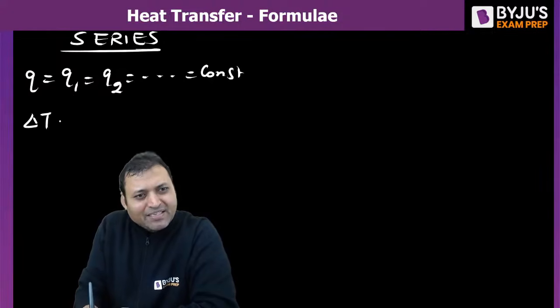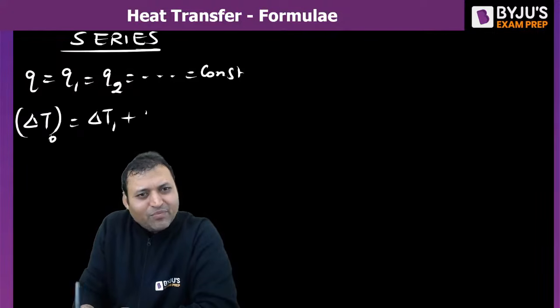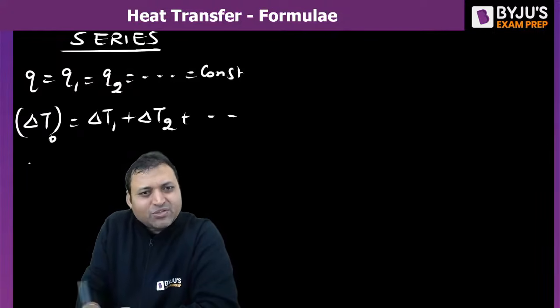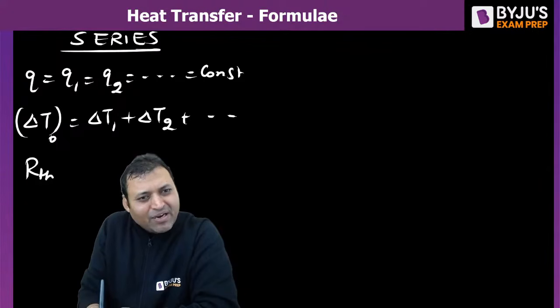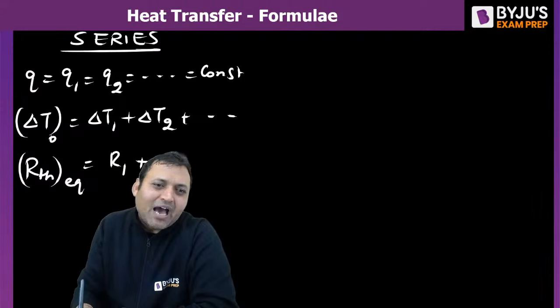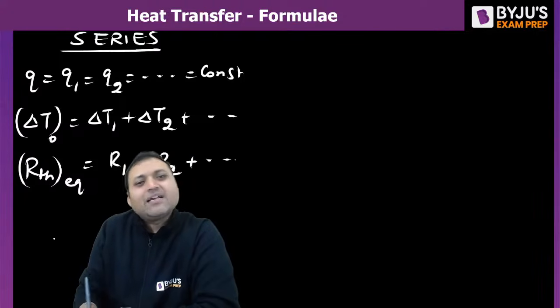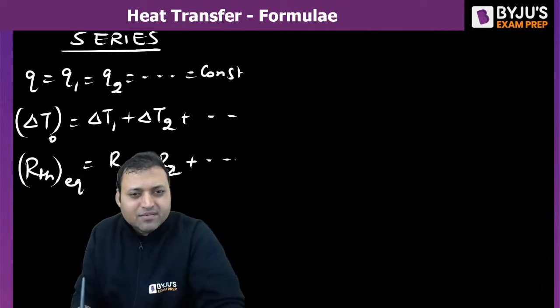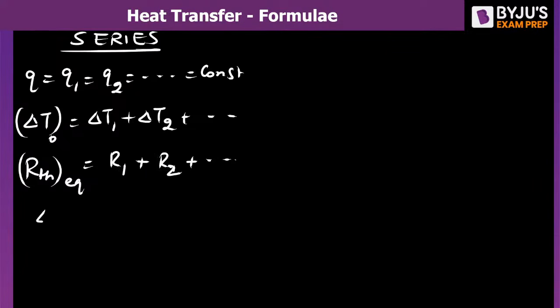And the overall thermal potential delta T overall is equal to delta T1 plus delta T2 plus delta T3 and so on. So the equivalent thermal resistance is R1 plus R2 plus R3 and so on. And delta T1 by delta T2 can be written as R1 by R2.